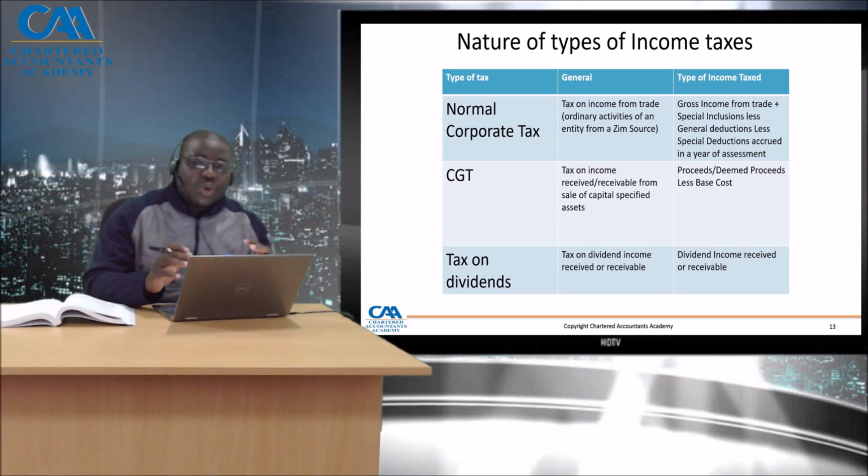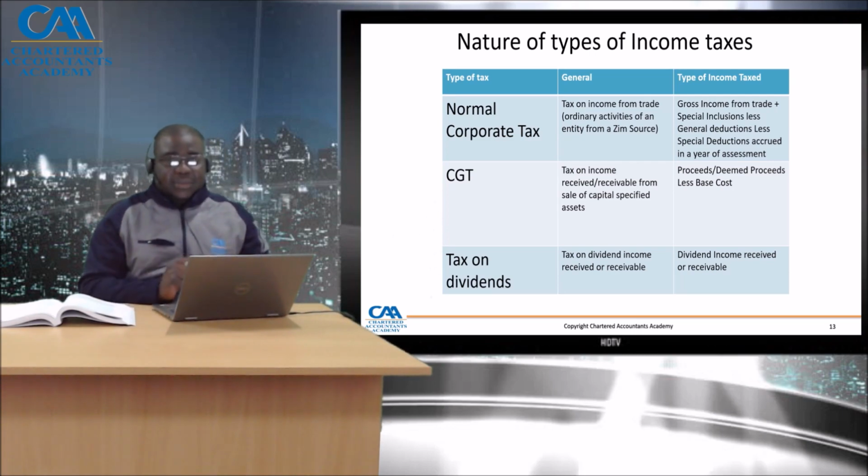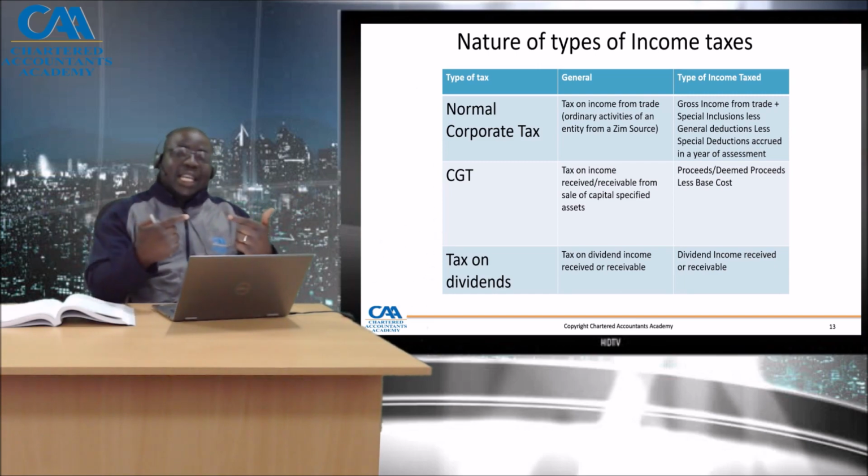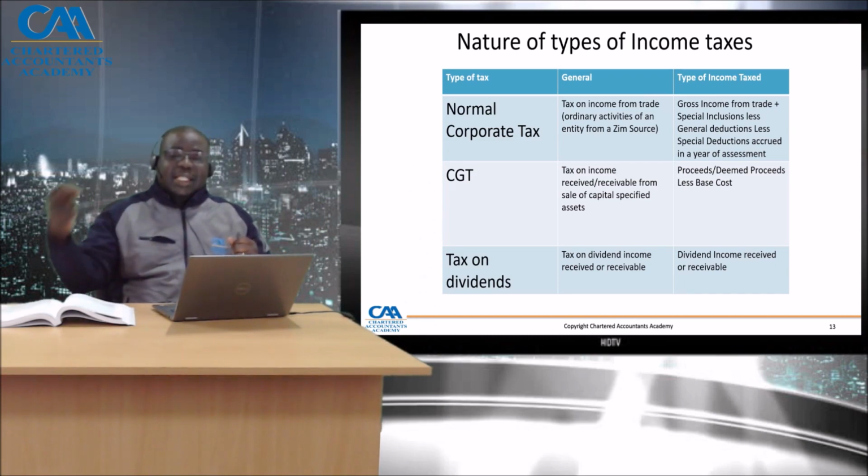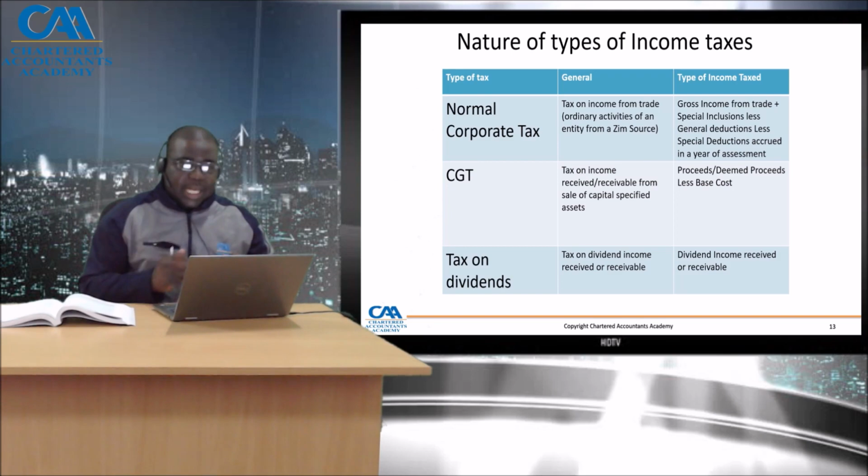This is exactly how we speak about this from tax as a course. Remember, we agreed we need to see the link between IAS 12, income taxes, and ZIM tax as a course, which is normal tax.